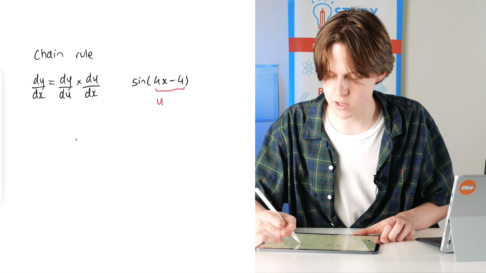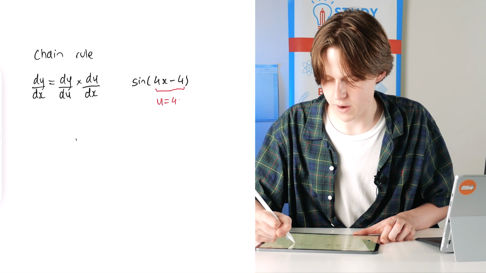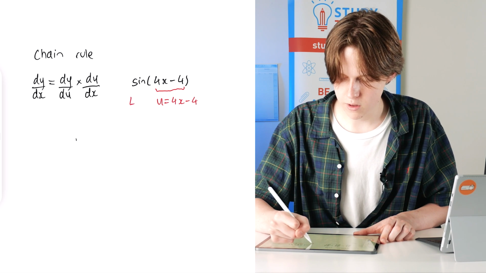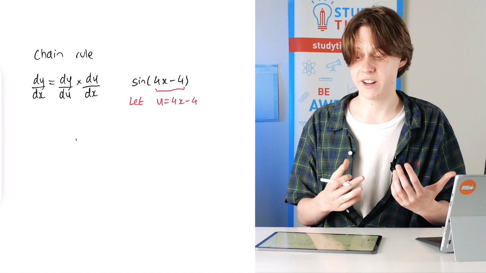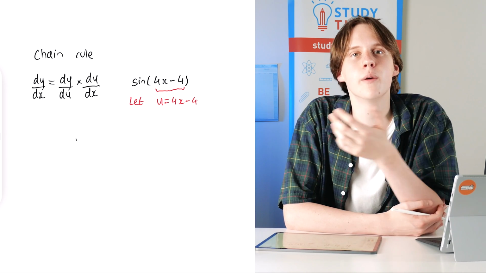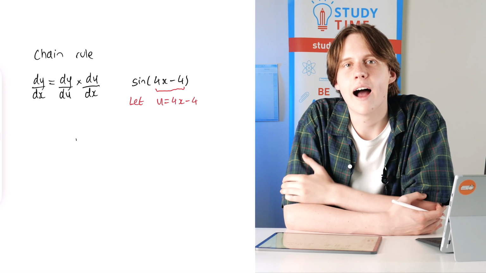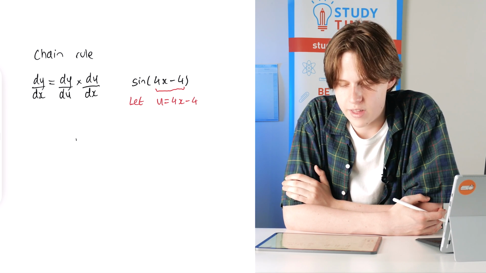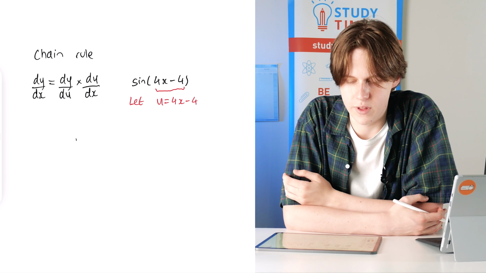So we'd say that u equals 4x minus 4. And in an exam you would probably say let u, just to use mathematical language for you. So all we're doing is introducing a new variable to be graphed with these other ones and trying to examine the gradients that occur when we do that graphing.